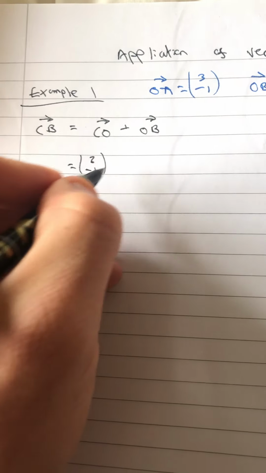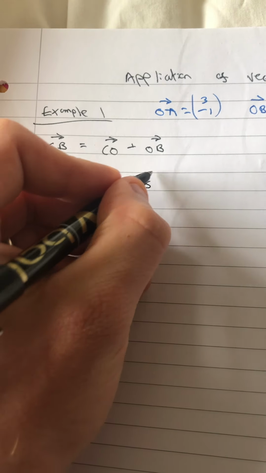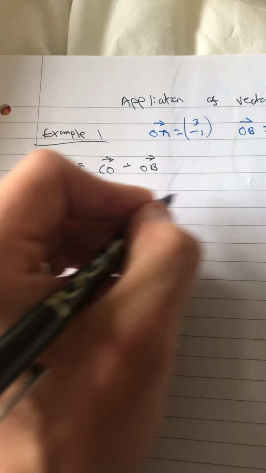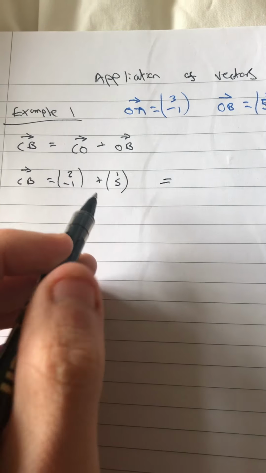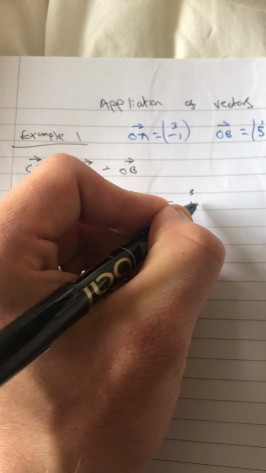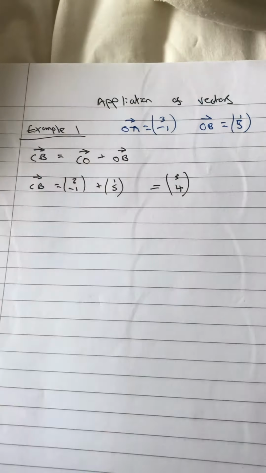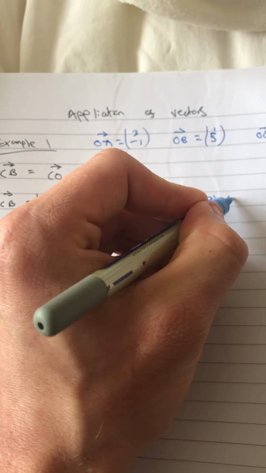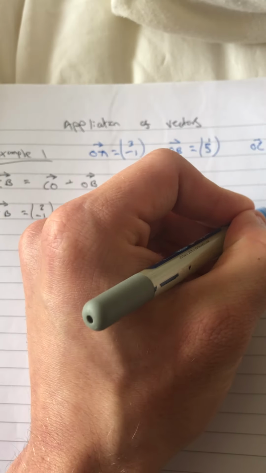Back over here now, and adding on 1, 5. CB. Notation is important. And that's going to give us 3, 4. Okay, so that is, I suppose, the displacement vector, if you want to be technical about it.